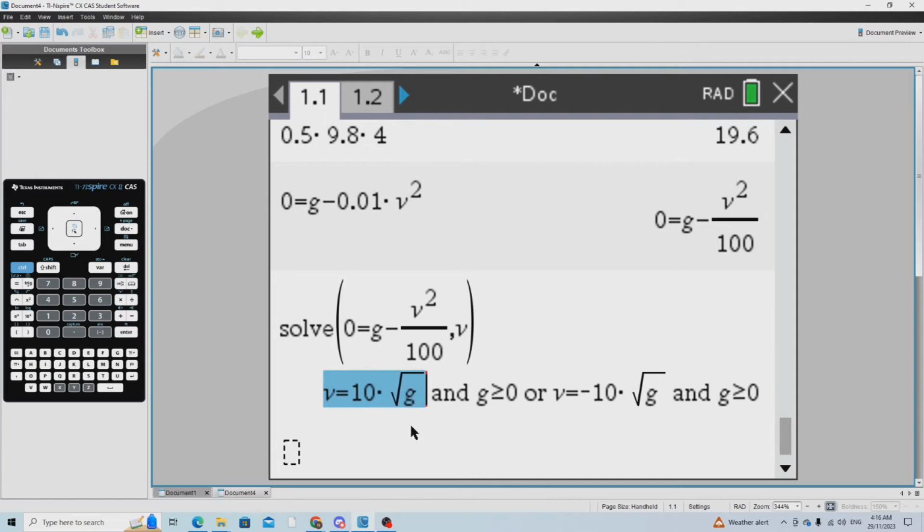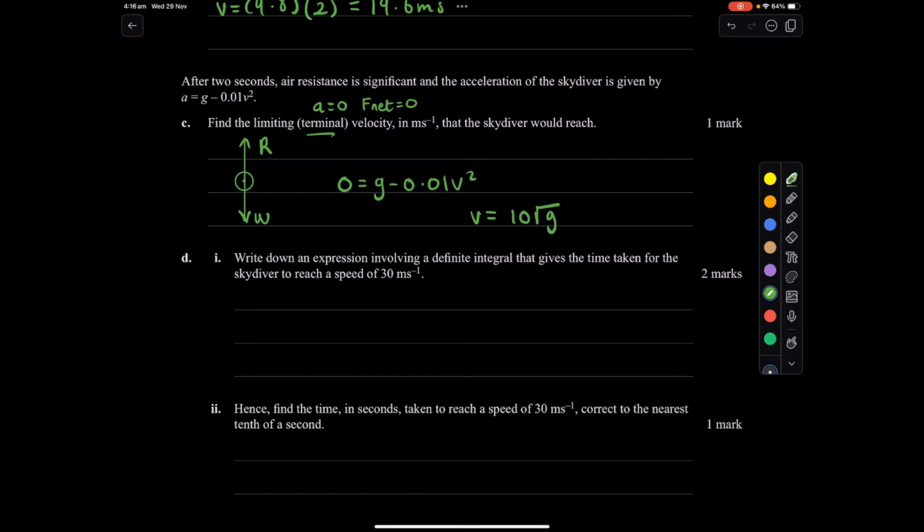It will be this one over here, v equals 10 over root g. It cannot be the other one, as we are taking velocity downwards. Our motion is going downwards anyway, so velocity must be positive. Meters per second. That is your terminal velocity. That's good.